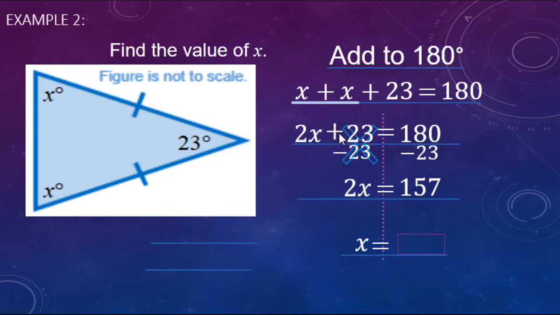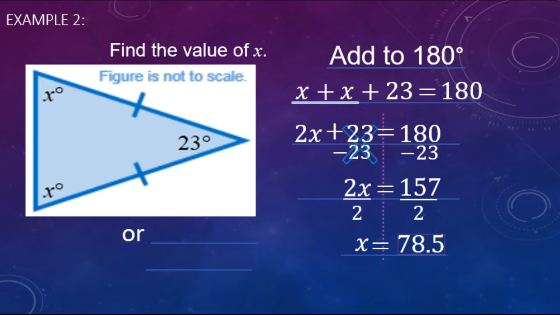Now that we've undone the plus 23 with a minus 23, we're going to undo the times 2 with a divide by 2. So we're going to divide both sides by 2. 2x divided by 2 just makes x, equals 157 divided by 2, 78.5 degrees for each x there.